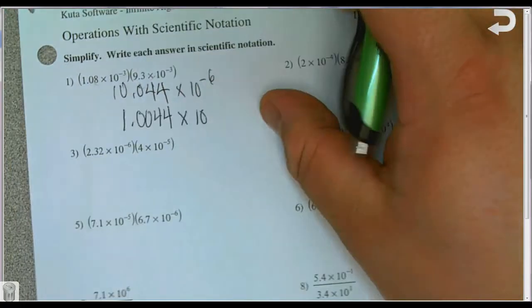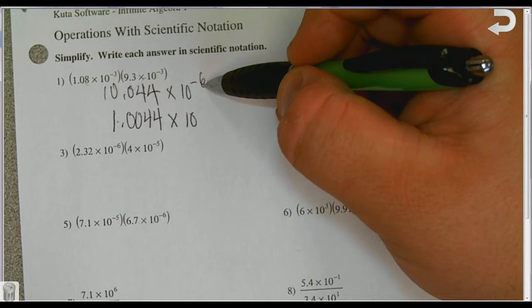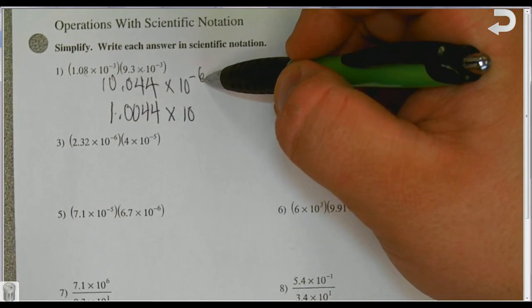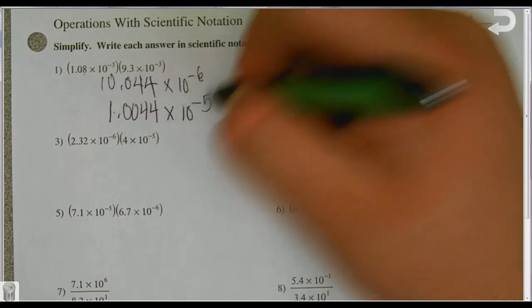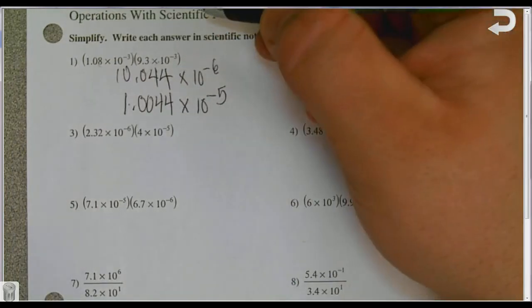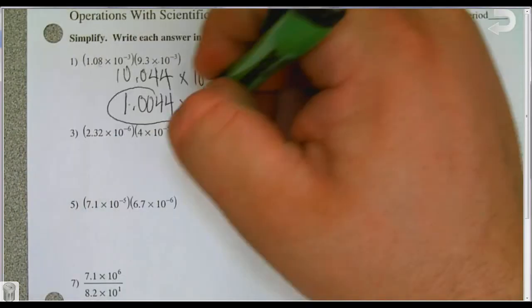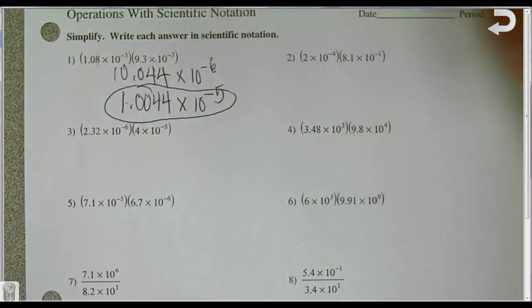Now, since I made this number smaller, this exponent has to get bigger. Well, what's bigger than negative 6? Negative 5. So 1.0044 times 10 to the negative fifth. That's my final answer.